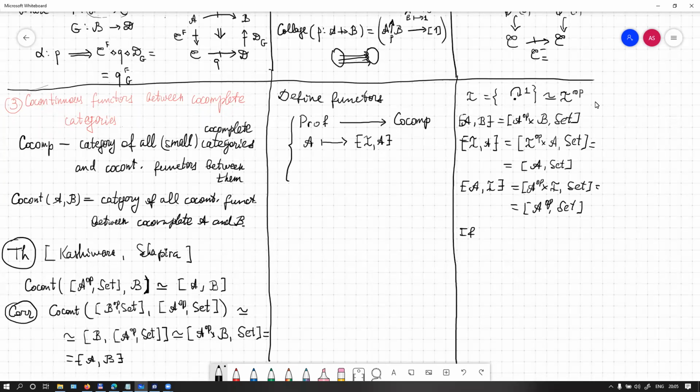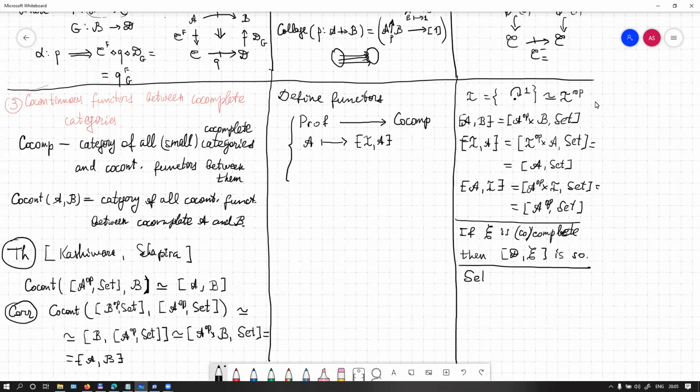So if E is complete or co-complete, then the functor category from D to E with values in E has the same property.